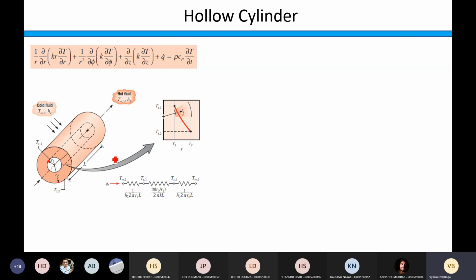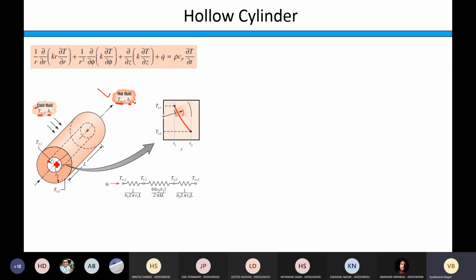And what is happening here is the hot fluid is flowing through the inner tube in this direction, which is shown here. The temperature of the hot fluid is T infinity 1, and the heat transfer coefficient from the inner side is h1. Similarly, you have another fluid surrounding this cylinder, which is cold fluid, whose temperature is T infinity 2, and the heat transfer coefficient for the outside fluid is h2, right?